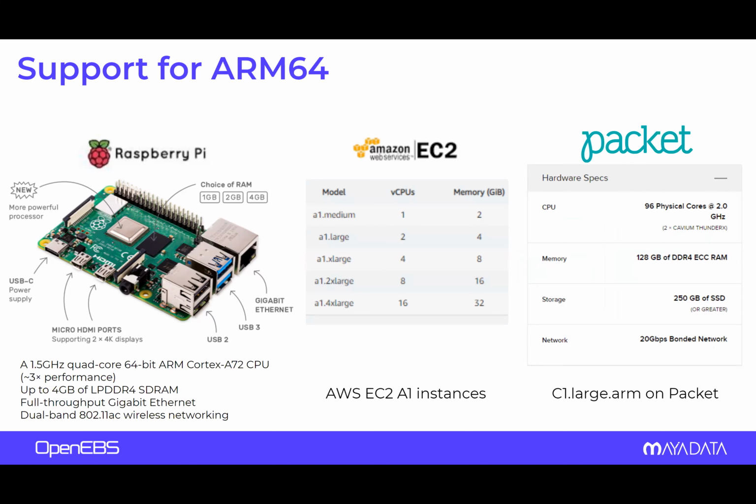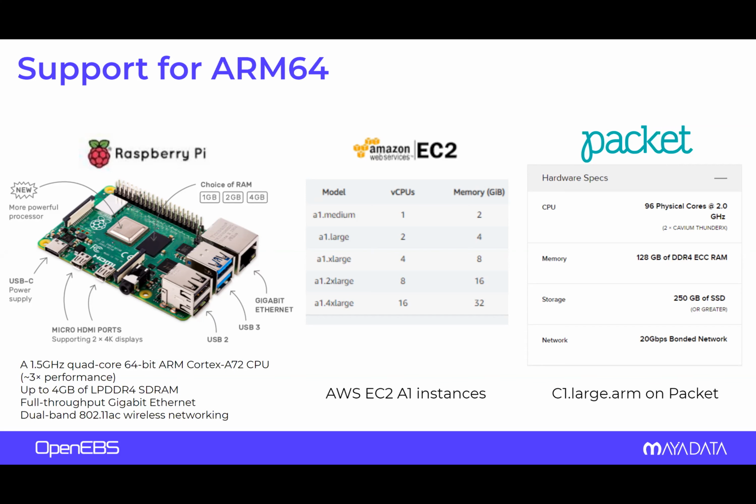This is making OpenEBS operational on new Raspberry Pi 4 devices, as well as Amazon A1 instances, which use custom silicon AWS Graviton processors, and also Packet's powerful Cavium ThunderX-based ARM compute servers, which are comparable to AMD and Intel servers.